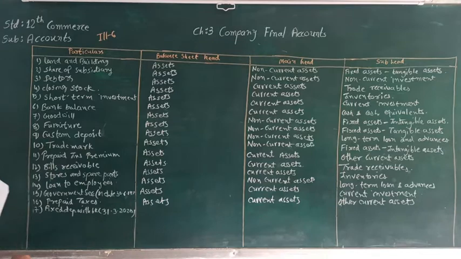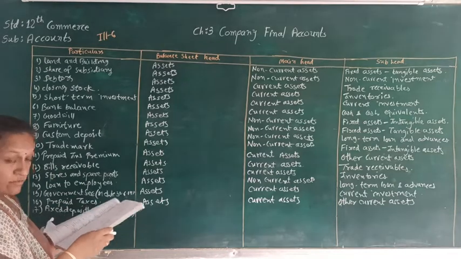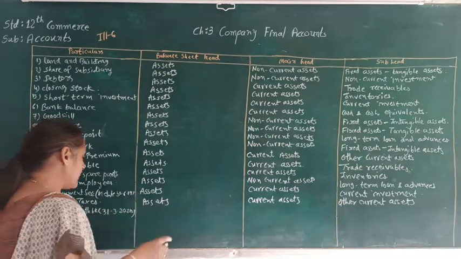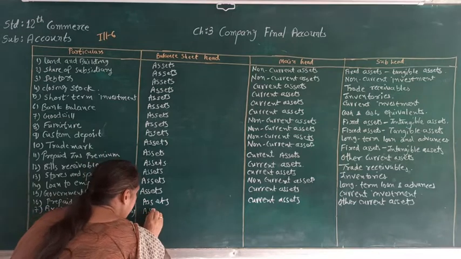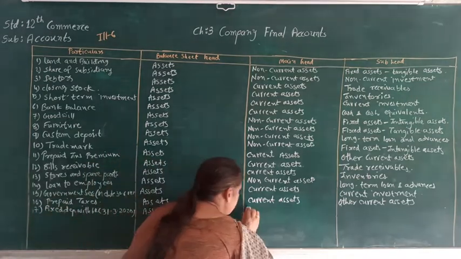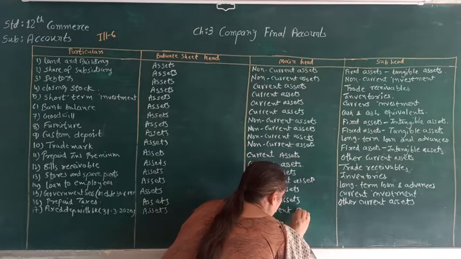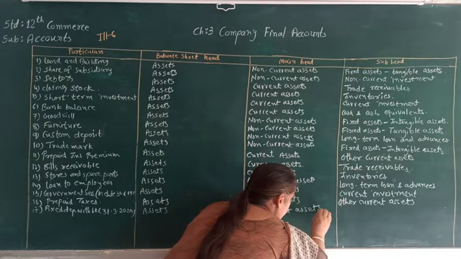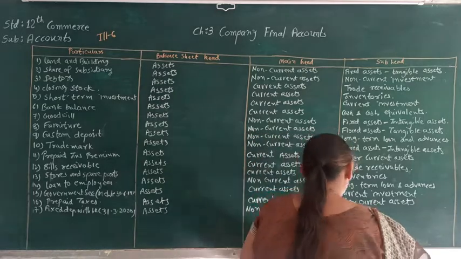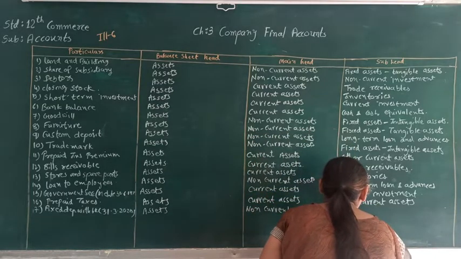So as we can see that it is long term, that's why we are going to write it under non-current asset, and it will be shown as non-current investment.